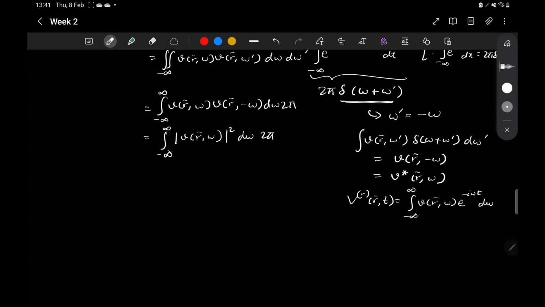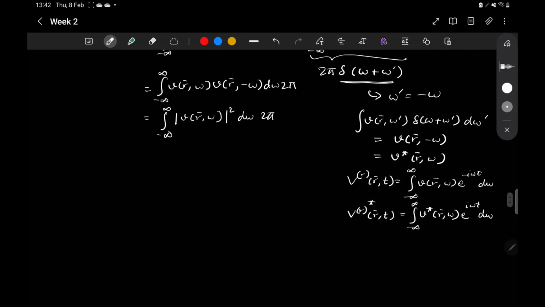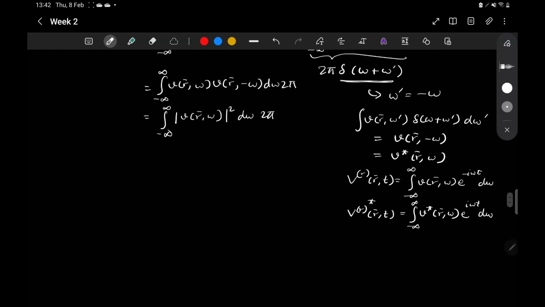Now let us look at the complex conjugate. So let us now look at the complex conjugate. Now in this integral, let us take omega goes to minus omega.